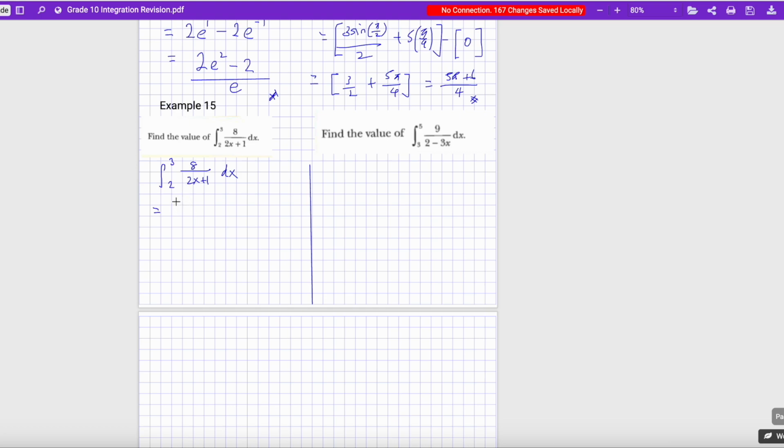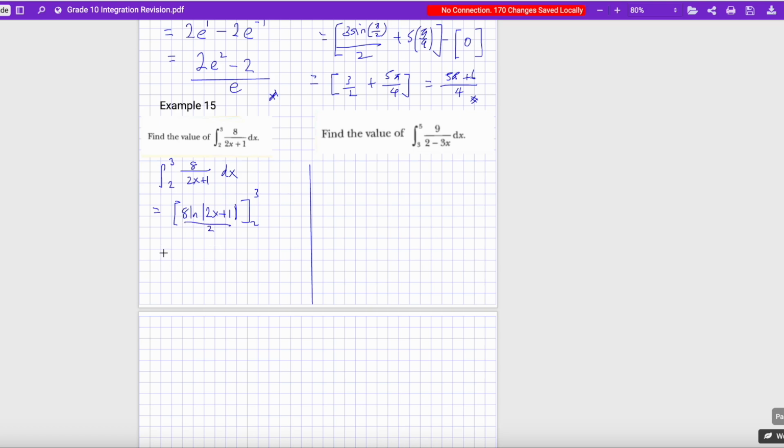So basically what we have is 8 ln of 2x plus 1, and we're going to evaluate it from 2 to 3. But do not forget, every time you integrate this, you have to divide the whole thing by the differential inside the bracket. In this case it is 2x plus 1. If you differentiate that, it should be 2. So divided by 2.